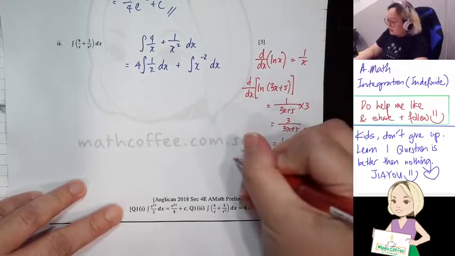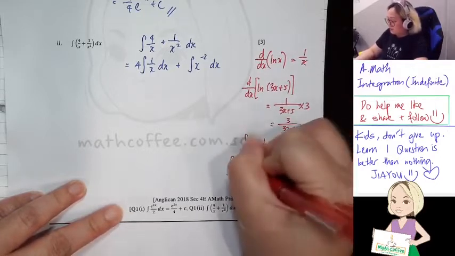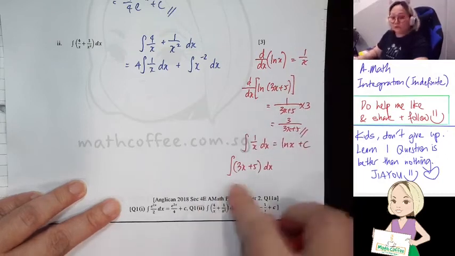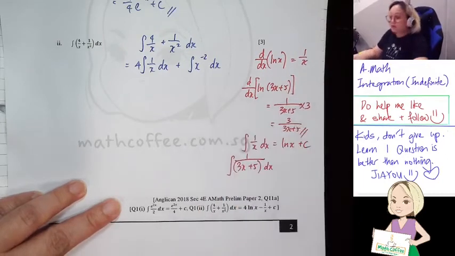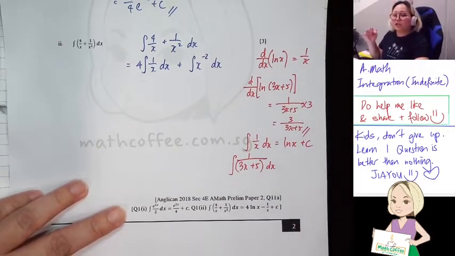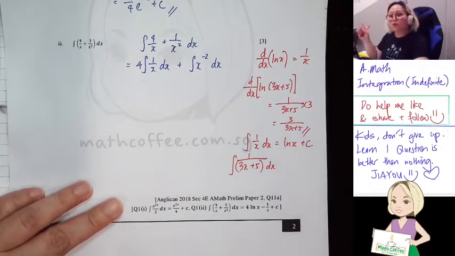If I'm going to integrate, let's say, 1 over 3x plus 5 dx. You know that you can change it to the power of negative 1, right? But take note, to the power of negative 1, when you integrate, it is related to ln.